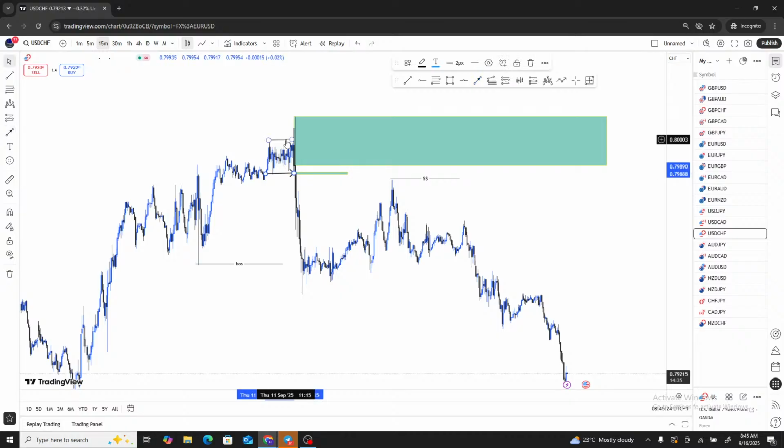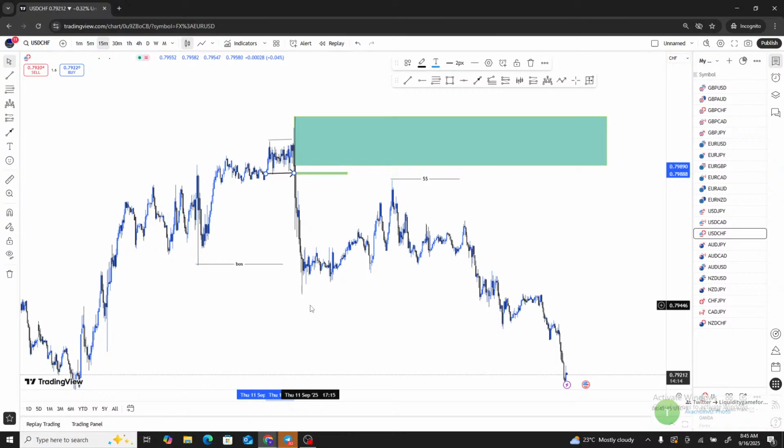These are orders of people trying to sell the market. Then the next thing, price boom, kicked them all out. Their stop losses are being kicked out, and price tanked to the downside.